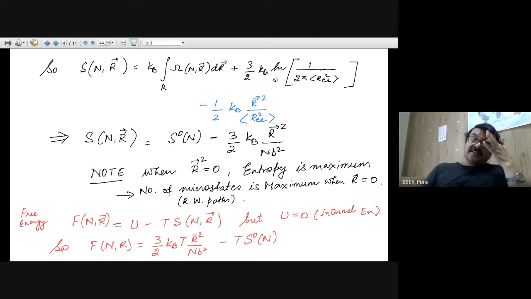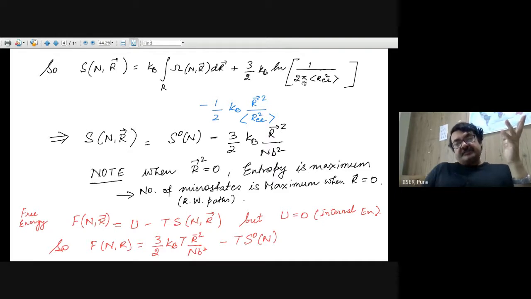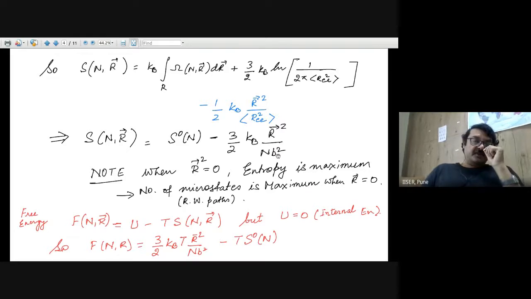Now this is a constant, so the total number of conformations is fixed, right? So it's a sum, and this quantity is fixed. So S(R), the entropy with n monomers corresponding to an end-to-end vector R, is some fixed number minus 3/2 k_B R square over n b square.